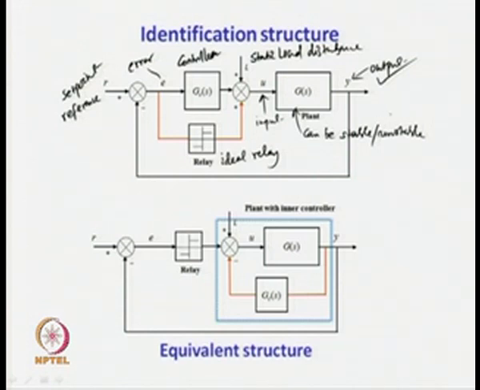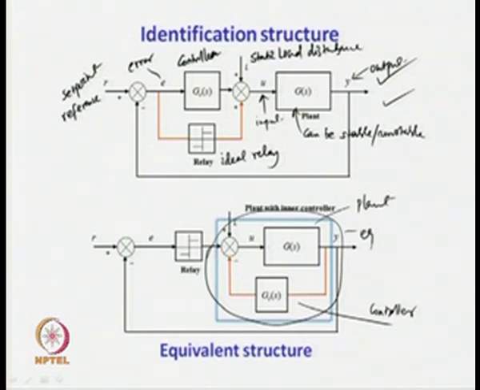Now, this online identification scheme or structure can be converted into an equivalent form, where the plant gets connected with the controller in this fashion. So, this is our plant and this is the controller. The controller appears in the inner feedback path, thus giving us a resulting stabilized process model, or an equivalent process.